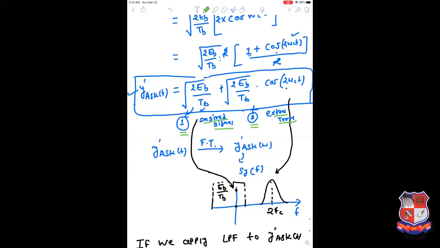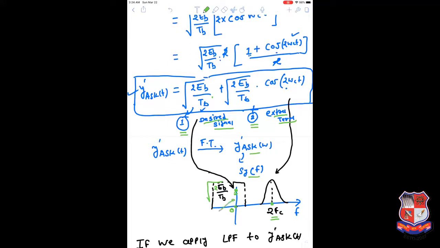For better analysis, if we take the Fourier transform and draw the power spectral density of the y dash ASK of t signal, we find that cos 2 omega ct is located at the frequency of 2fc, and the other term is a pure DC term. There is no carrier part, so it is located at the 0 point here, with value square root of 2 Eb by Tb.